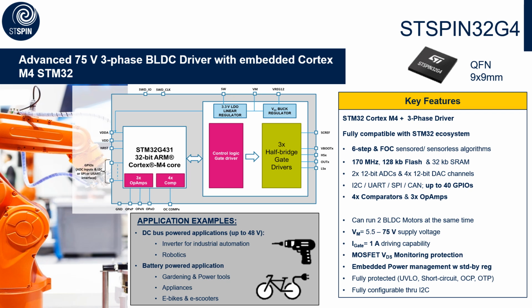This makes the STSPIN32 a new, unique product on the market, and the best fit for BLDC motors, and all this comes in a 9x9 mm QFN package. If you check out st.com, you will find many reference designs leveraging our STSPIN32G4 for different types of applications.